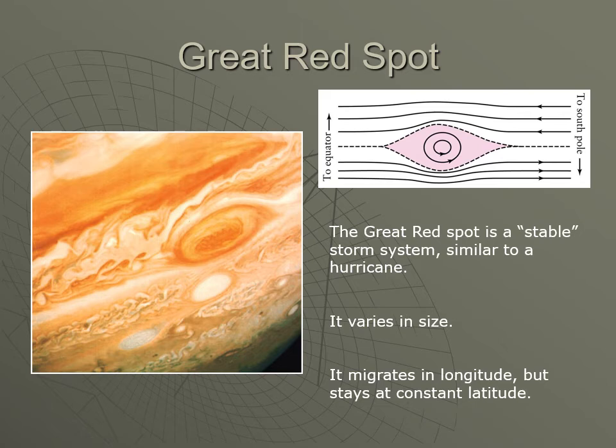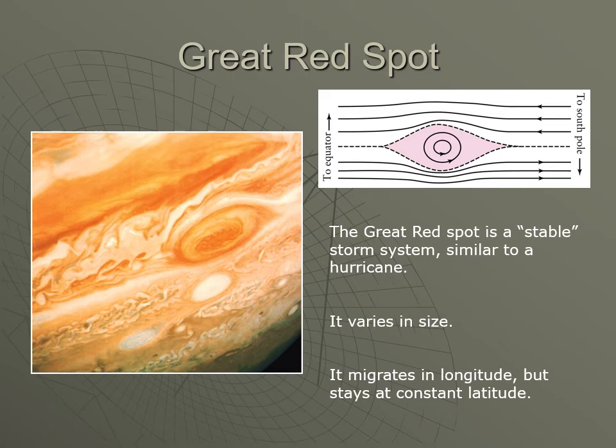It also changes in color. The color of the Great Red Spot is due to phosphine gas that's being pulled up from the interior. That gives it sort of that reddish color that it has. Now, the amount of phosphine in there changes over time. And so that means it changes color. It's sometimes a blood red color, hence the name, Great Red Spot.